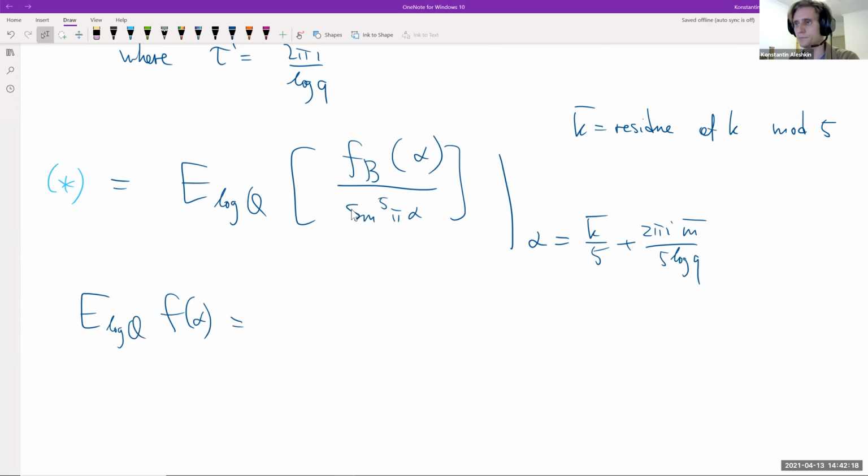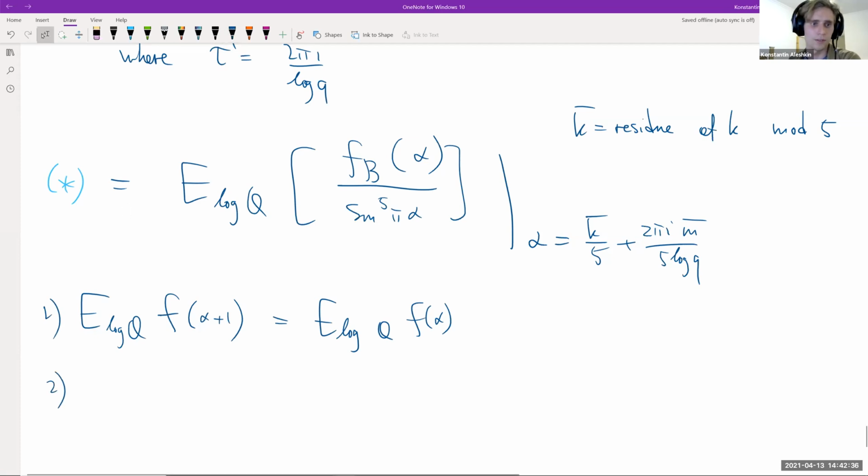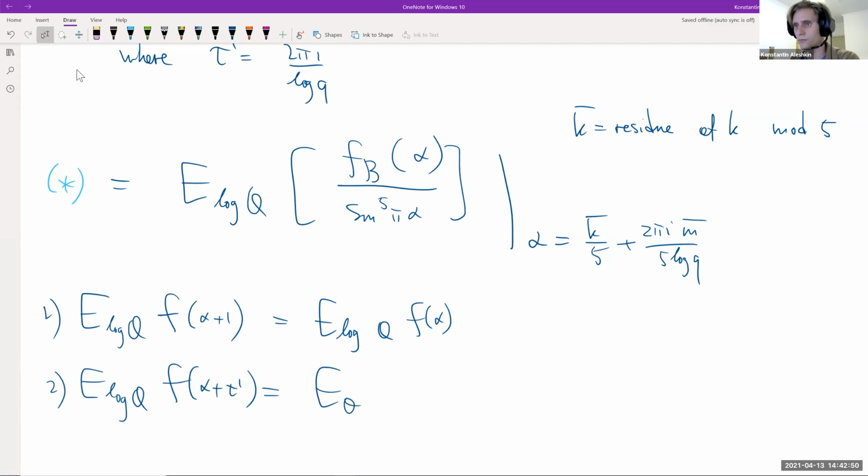So first of all, it's still periodic. Second of all, if we shift alpha by tau prime, then we get the same thing multiplied by a prefactor.